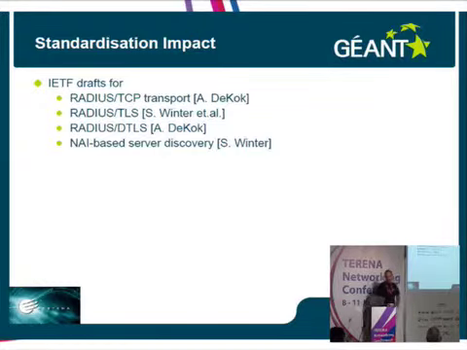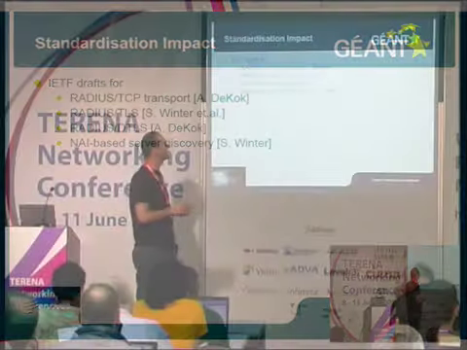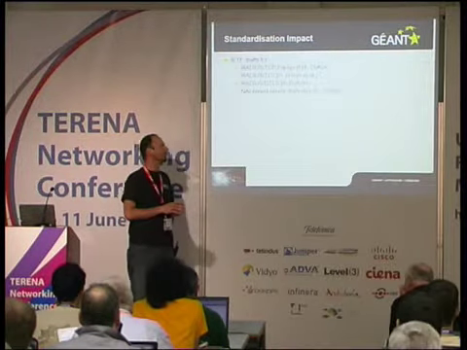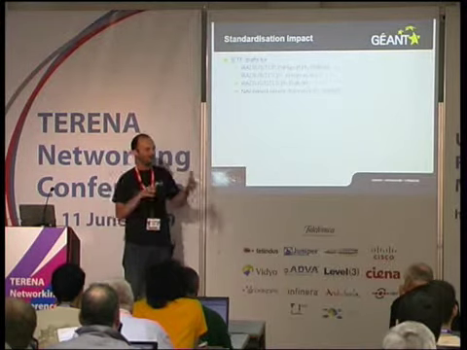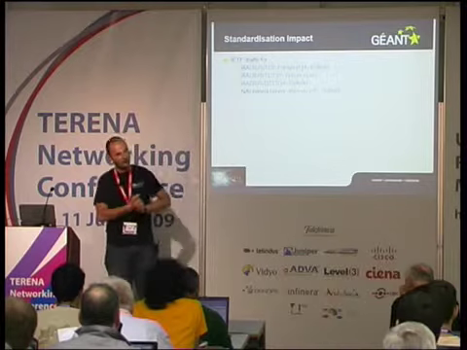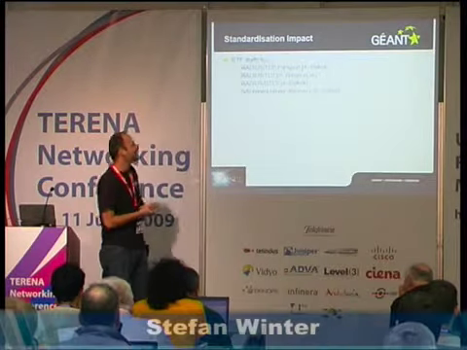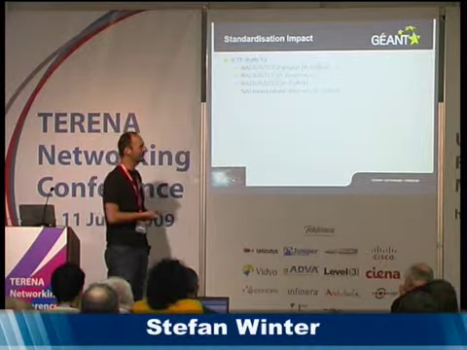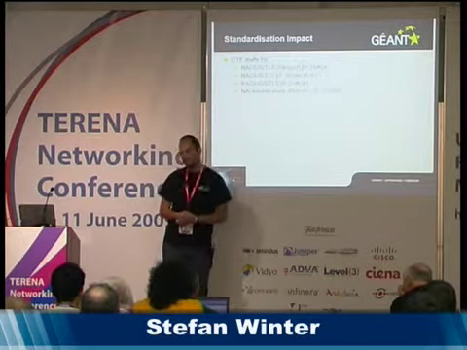Finally, we also had this dynamic discovery in my original RADSEC draft to the IETF integrated. The IETF thought, well, let's first sort out the bits on the wire for TCP, UDP, and TLS. And your fancy thing with dynamic discovery should be a separate document.